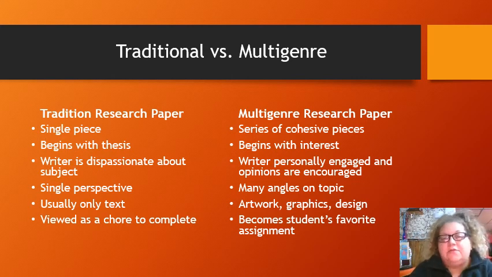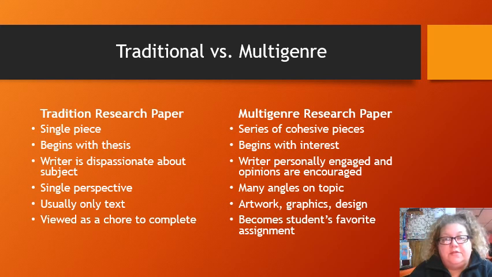In a multi-genre research project, it begins with an interest. Now, the topic, as we'll talk about later, can be anything from people to events, basically anything that is of interest to you. In a traditional research paper, the writer is usually dispassionate about the subject.